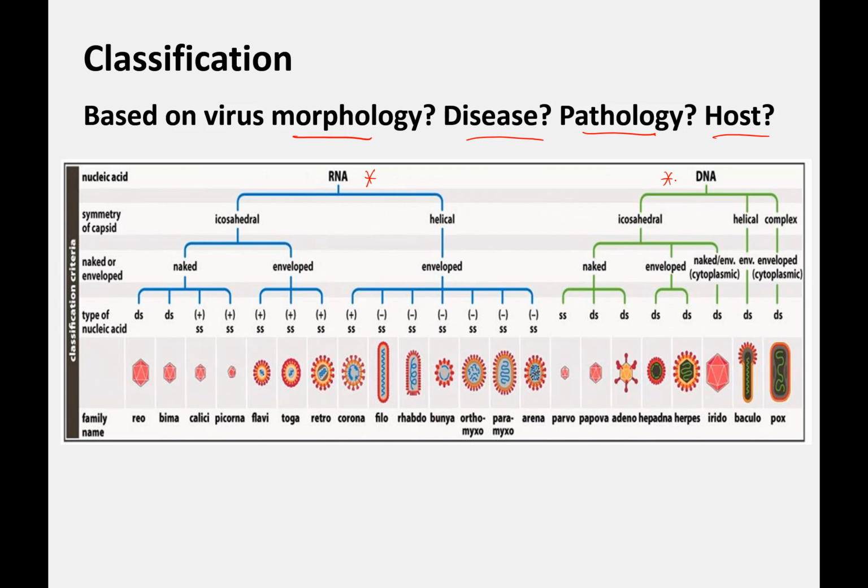Because there are RNA viruses that are icosahedral and helical and enveloped and naked, just like with DNA viruses. So these characteristics don't tell you a whole lot, but knowing what kind of genetic information it has tells you about some of the requirements for the virus.